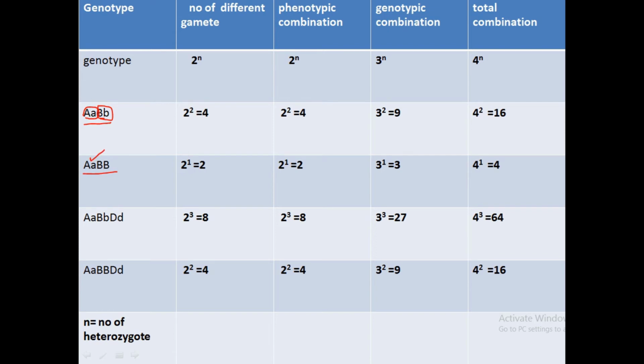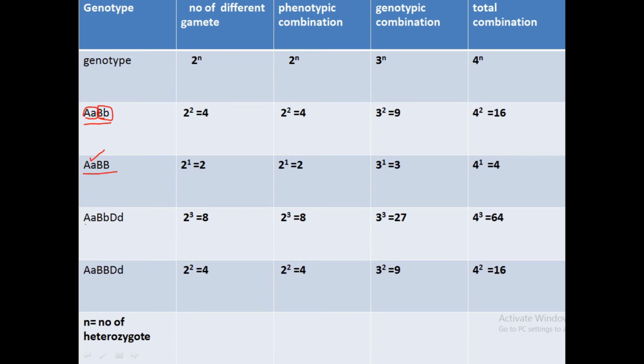Capital B is homozygous, that is the same. So in place of n we have written 1. So the number of gametes we will get after this is 2. The number of phenotypic combinations we will get is 2. So if we cross between this capital A and capital B, then we will get the genotypic combination 3 and total combination of 4. That is the different combinations.